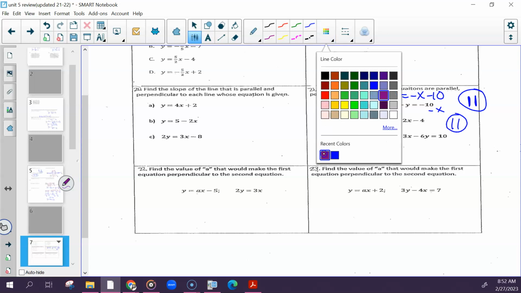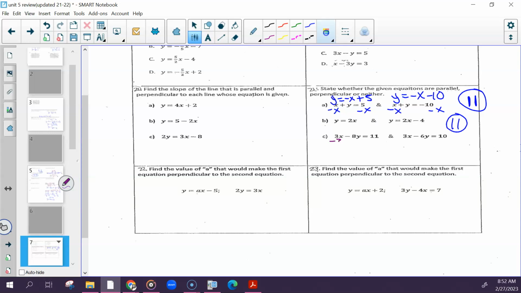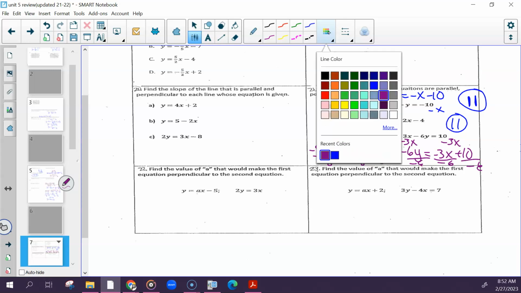Okay. And then this last one, we have to solve both of them again. So get rid of your x term. Subtract the 3x on both sides. And then on one side you would divide by negative 8 to everything. The other you would divide by negative 6. These are going to give you fractions, so they're not going to be nice.